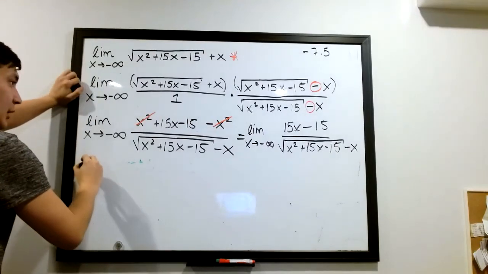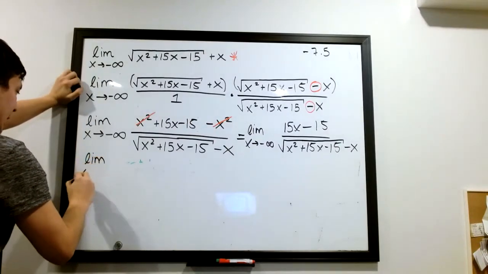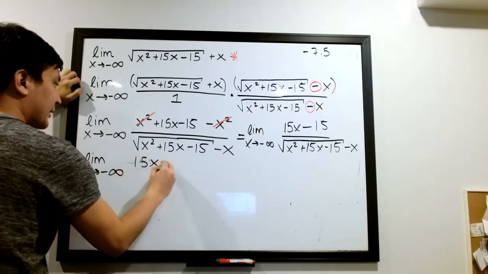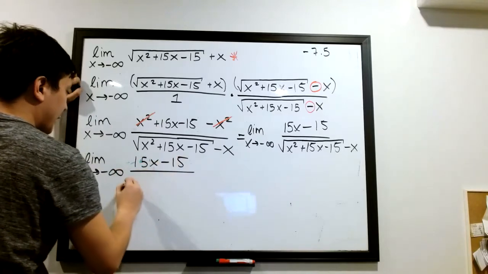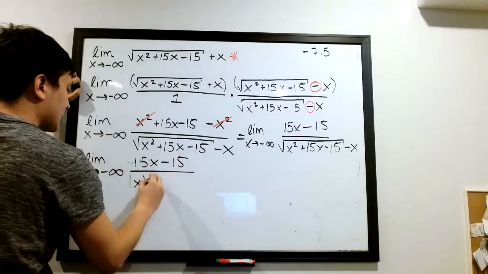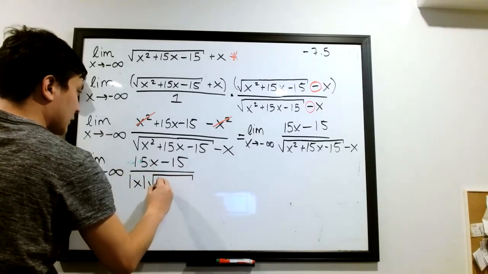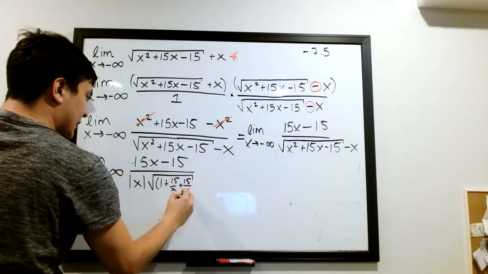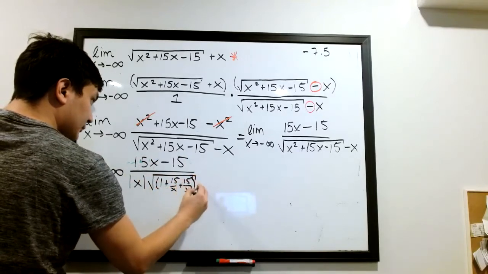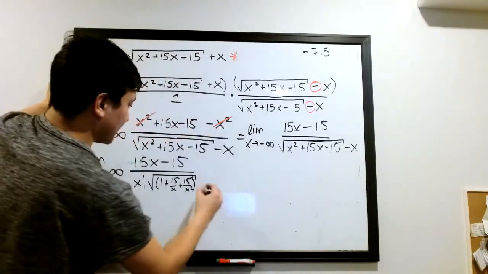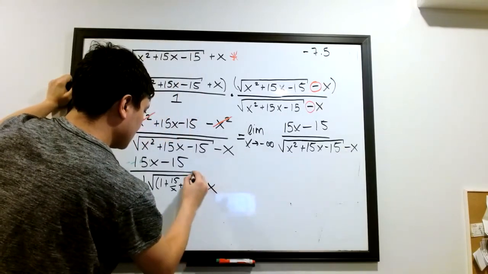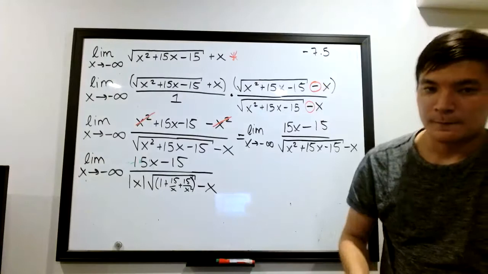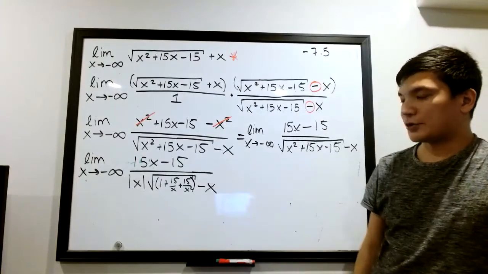So this limit now becomes the limit as x approaches negative infinity of, I'm still going to keep the numerator as is, but the denominator now is going to be the absolute value of x times the square root of 1 plus 15 over x plus 15 over x squared. And we can't forget the minus x of it. So now we have this expression here.